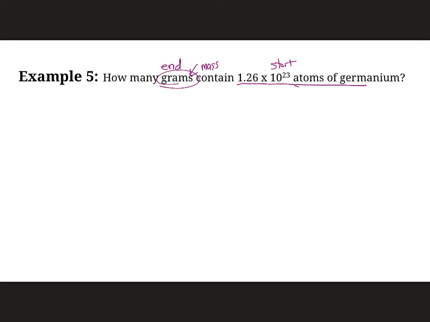Well, I see the word atoms, so I know I'm going to need the relationship that involves atoms: 1 mole is 6.02 times 10 to the 23rd atoms. If you don't see the word atoms in either the beginning or the end, you're not going to need that relationship. Let me say that again. If you don't see the word atoms in the problem, you are not going to need that number. But I do see the word atoms, so I know I need that.